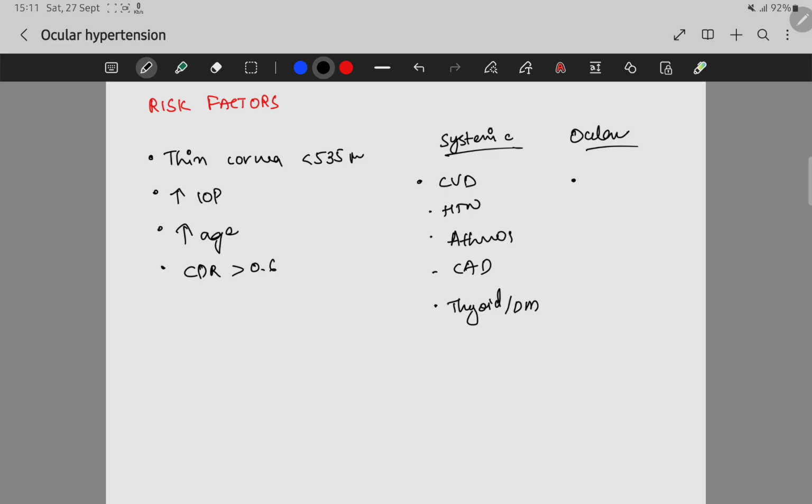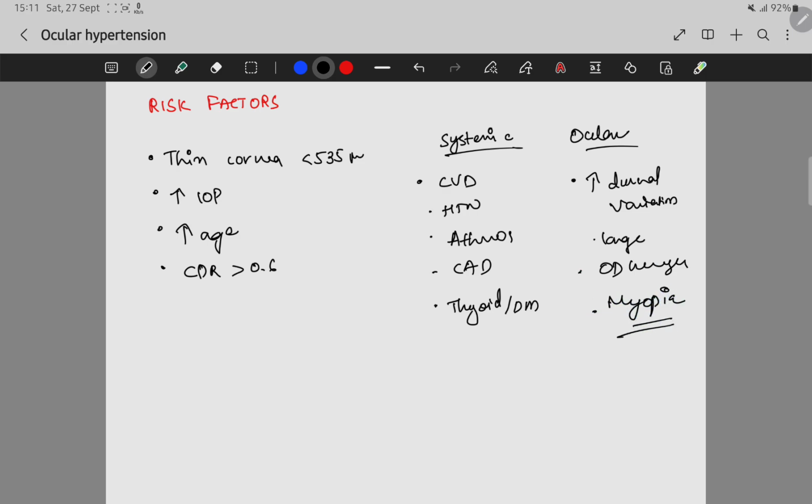Coming to the ocular factors, there is increase in diurnal variation in the IOP. There is a large cup disc, as we already said, and there can be peripapillary atrophy and optic disc hemorrhage, and also myopia.